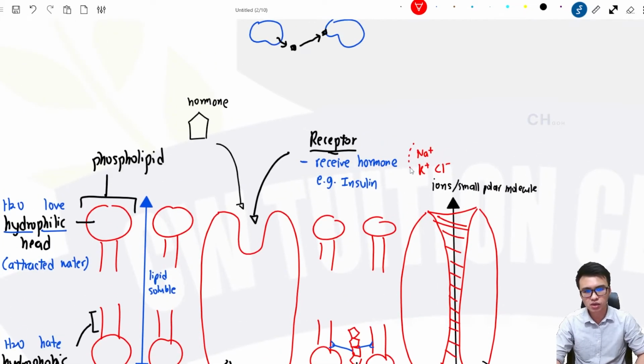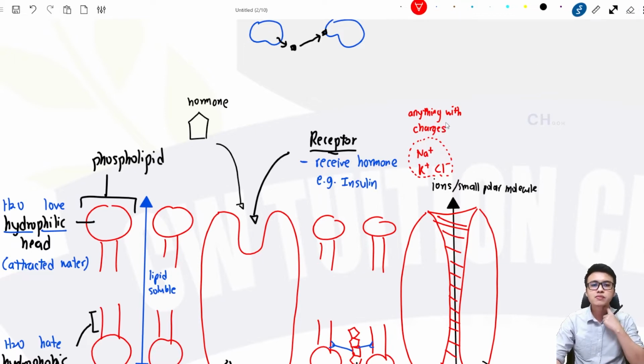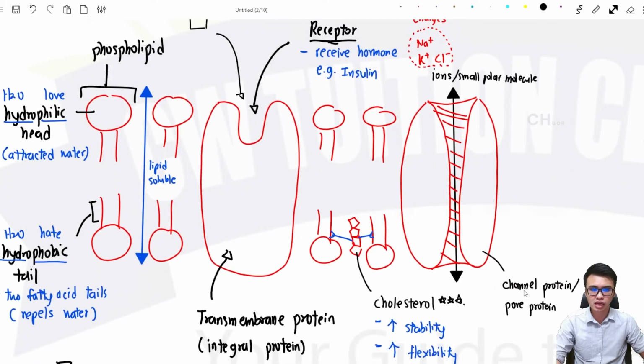If you worry about forgetting this, write down: anything with charge. Ions or small polar molecules are not allowed to pass through the plasma membranes. That's why they need an agent to help them, and that agent is called the channel protein or the pore protein.